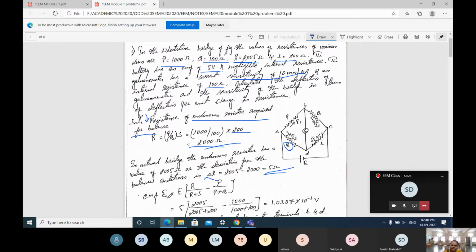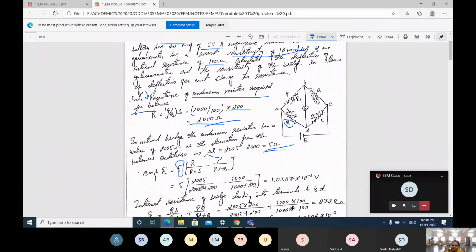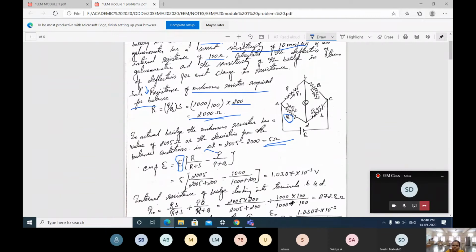Then EMF E naught, the total EMF, is going to equal the given EMF E into R, the resistance R, divided by, these will be in series, right?